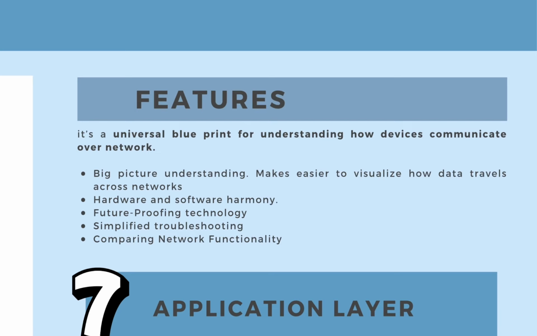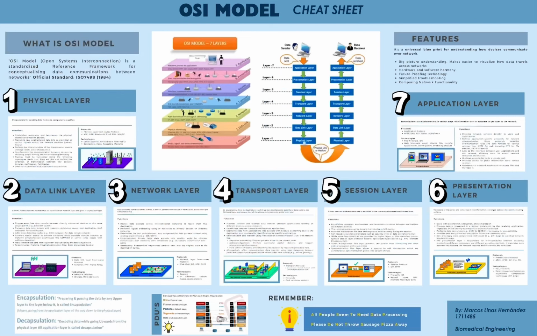It also helps us view hardware and software harmony, how hardware and software work together. It also helps us realize future-proofing technology. It helps simplify troubleshooting when it comes to networking problems. And it also helps us compare network functionalities when we want to make decisions about the topic.